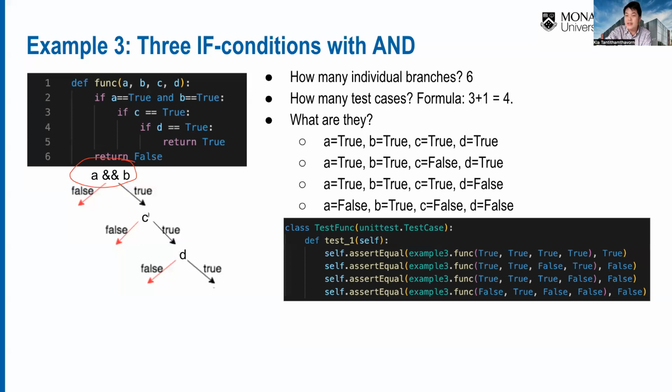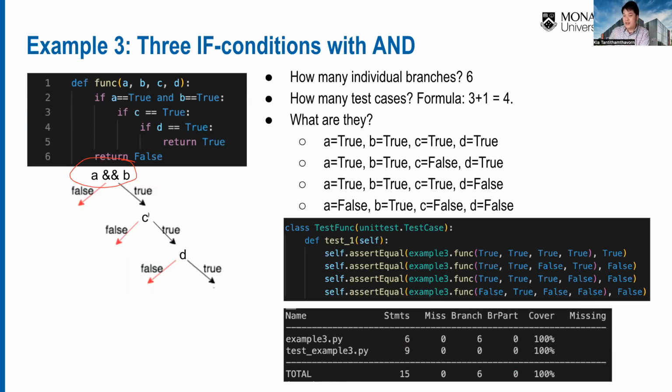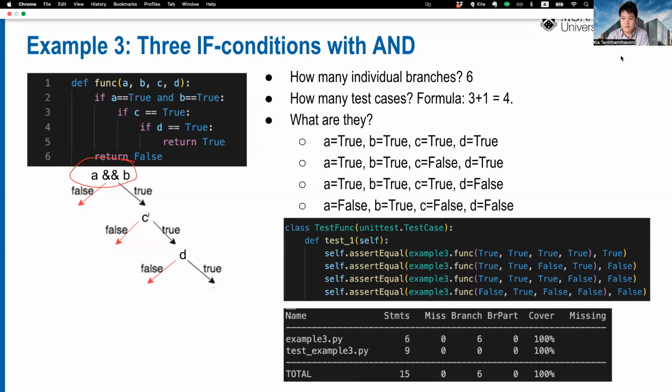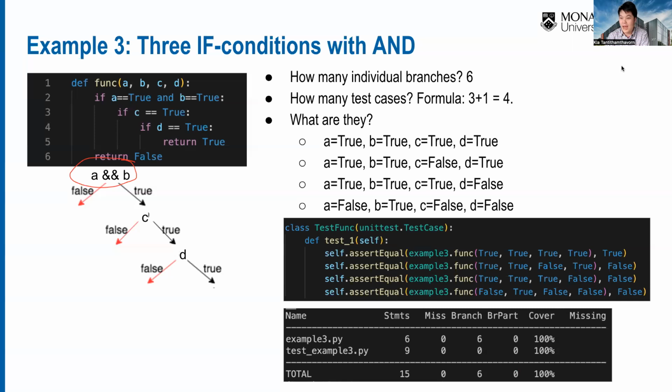We run the unit test, and then we also achieve 100% code coverage. Does that make sense in this case? Okay, I assume yes. But when we achieve 100% branch coverage, it doesn't mean that we achieve 100% condition coverage.